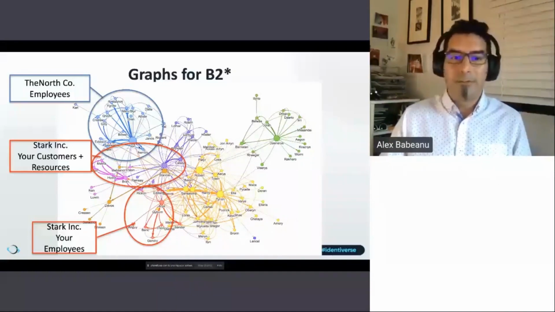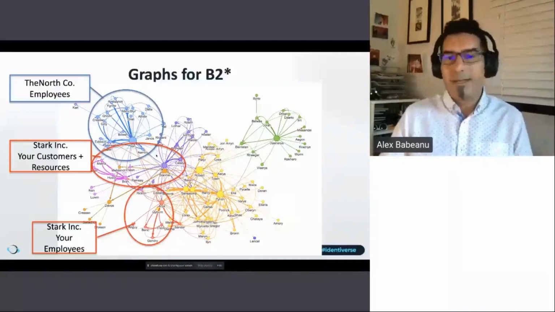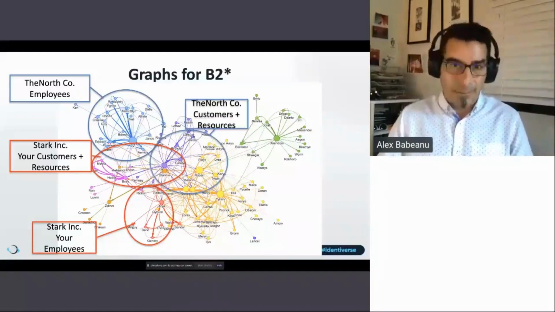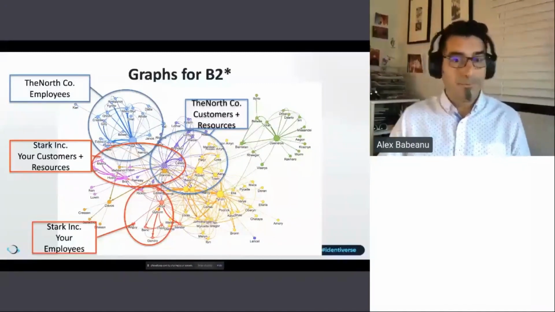Now, the first thing you'll note is that some of their employees are also our customers. It makes sense because we're partners, so they like our product. Over here, we have our partners' customers and resources. And right off the bat, we can notice that over here in this segment, we have our B2B2C model because we have customers that are customers of both.